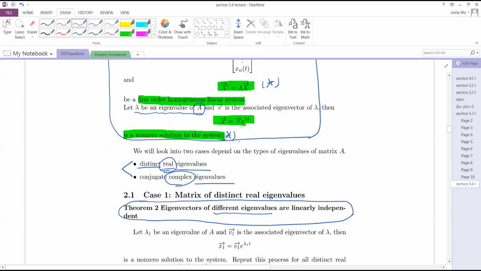So if I have 2 different eigenvalues, say lambda 1 is different from lambda 2, then their eigenvectors v1 and v2 would be linearly independent.